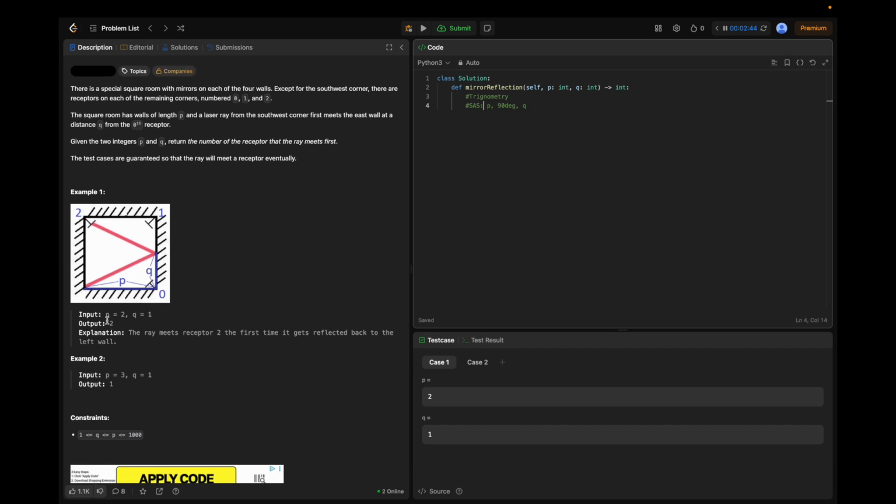P of 2, Q of 1. How do they even do it? That's interesting. This just seems like physics. What about this is computer science?